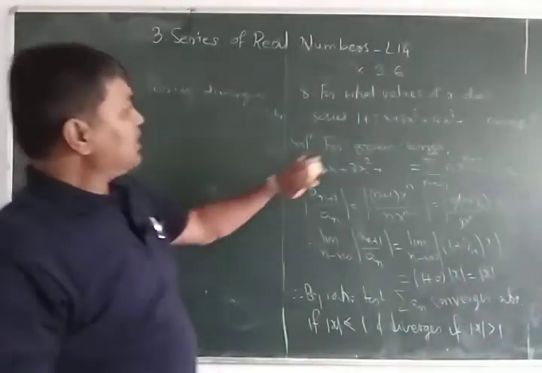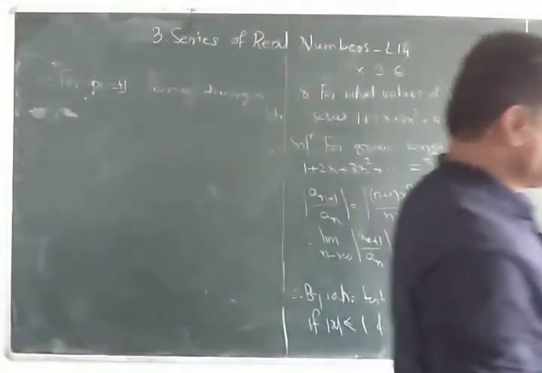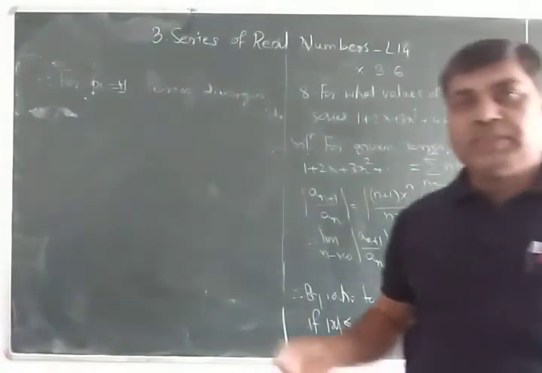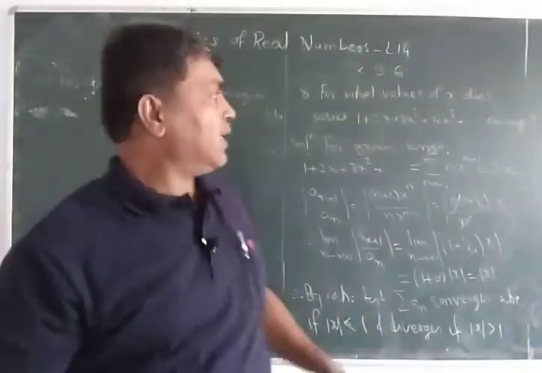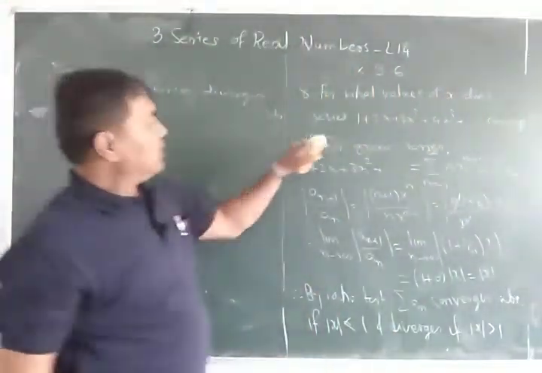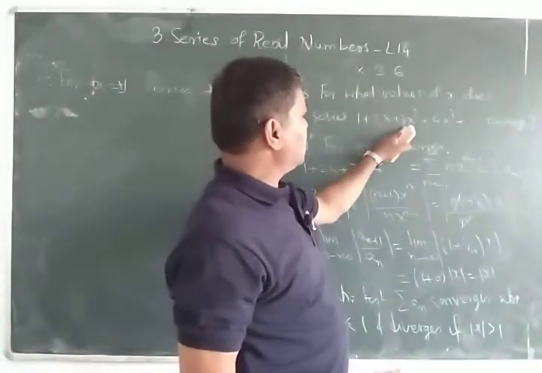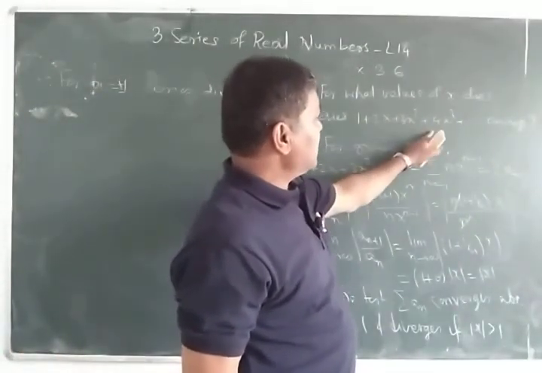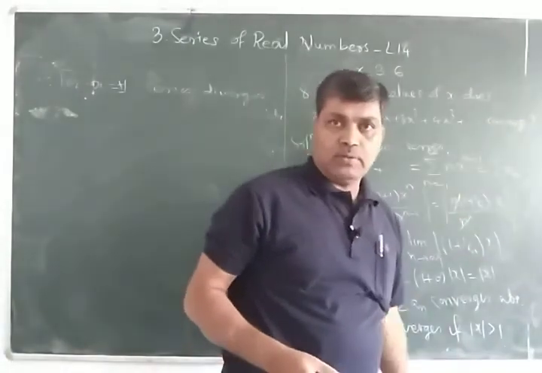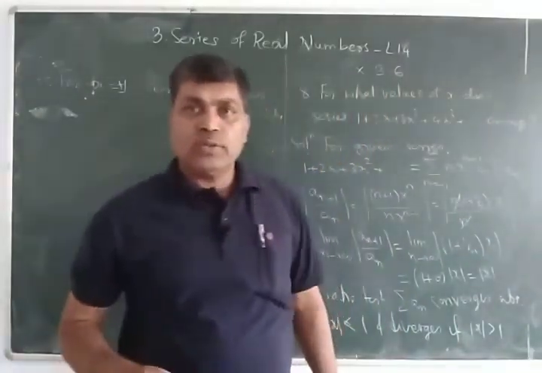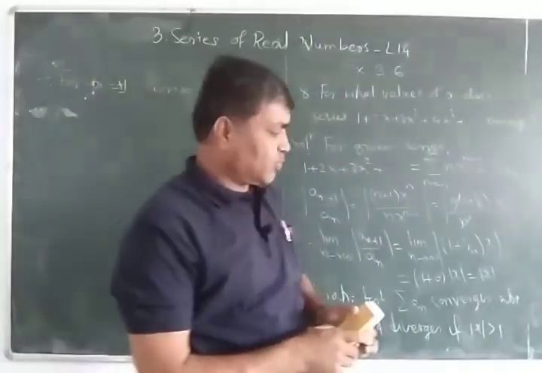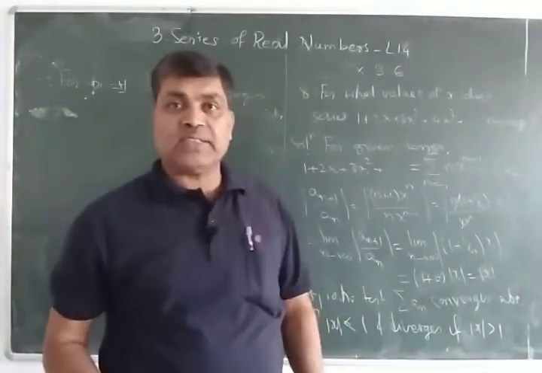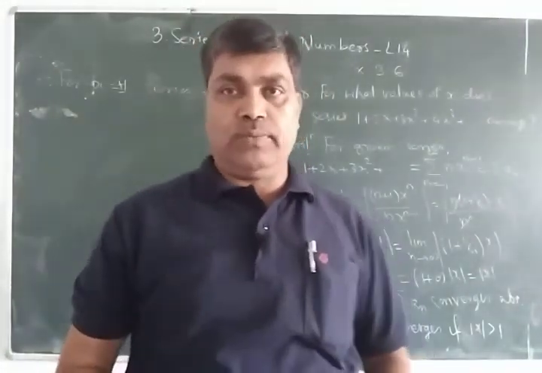So if I put x as 1 here, then I will get 1 plus 2 plus 3 and so on, which approaches infinity. And if x is minus 1, then I will get 1 minus 2 plus 3 minus 4 and so on. That series is also divergent, because the limit of the nth term of that series does not approach 0.